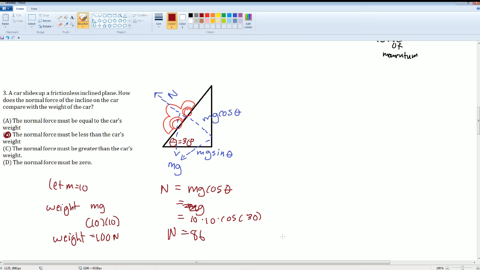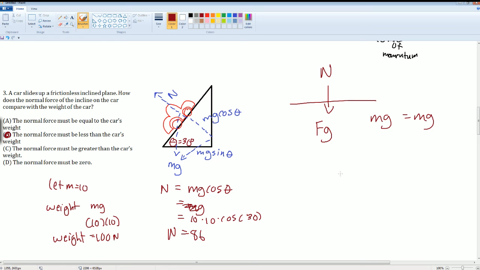Why is this true? Please understand that the force of gravity, the mg, is split. Let me make this a little more clear. On a horizontal surface, the force of gravity and the normal force are both just mg.